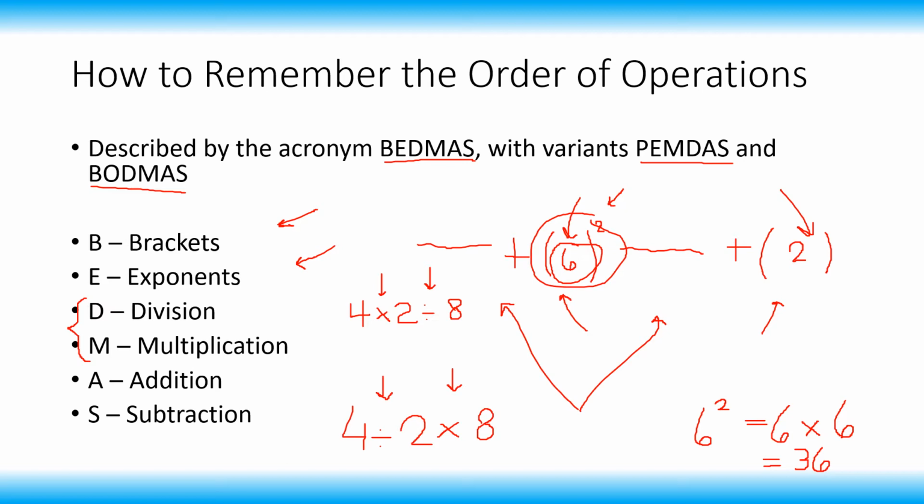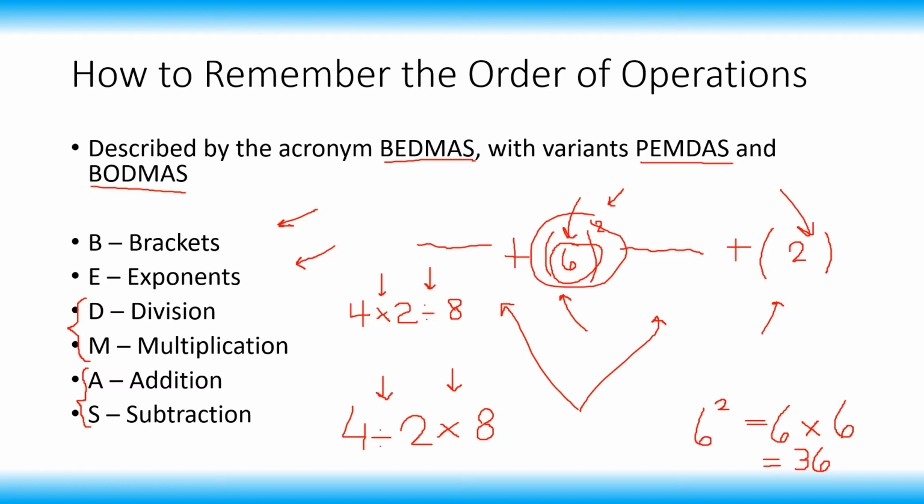Once you're done with the division and multiplication, you should only be left with things being added together or subtracted together, because that's all that we have left in our order of operations over here. Just like division and multiplication are opposite operations that you do in order from left to right, addition and subtraction work the same way, because they are opposites of each other.